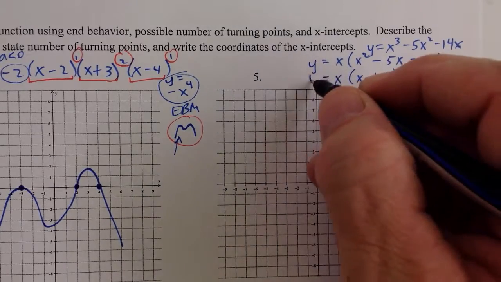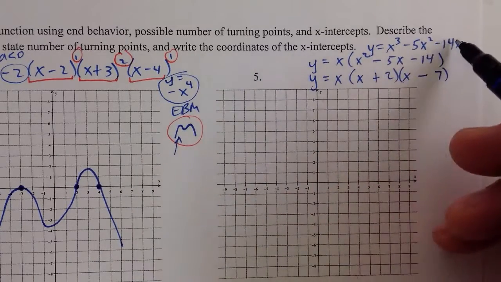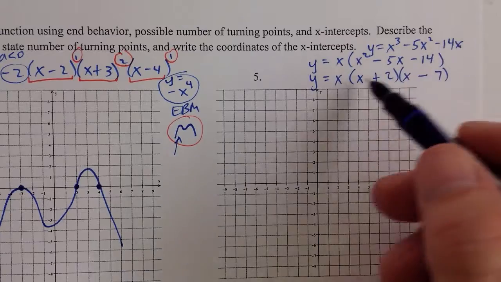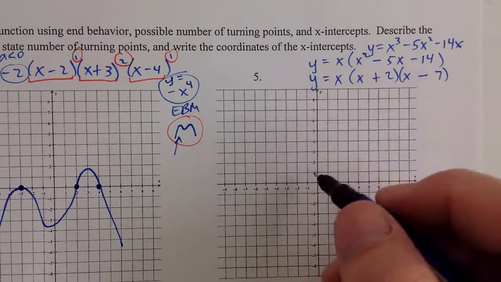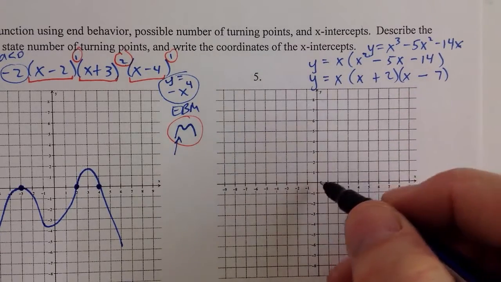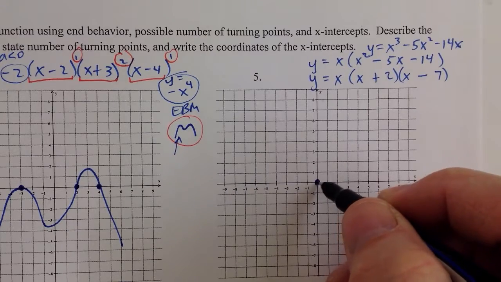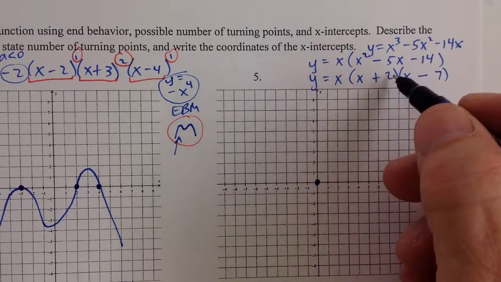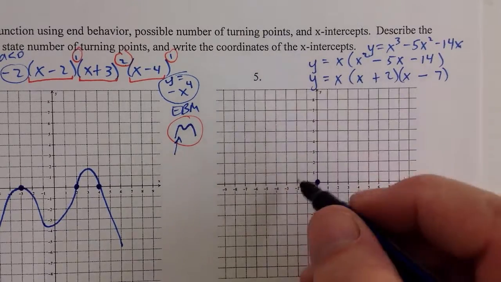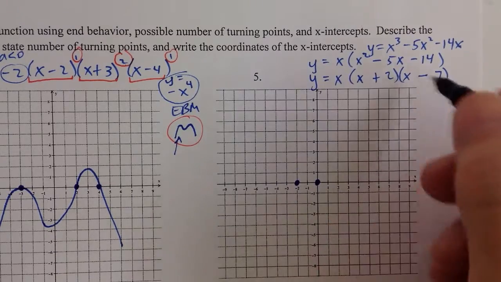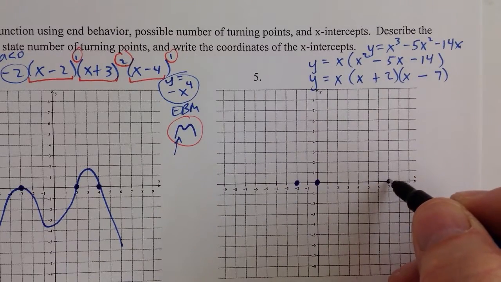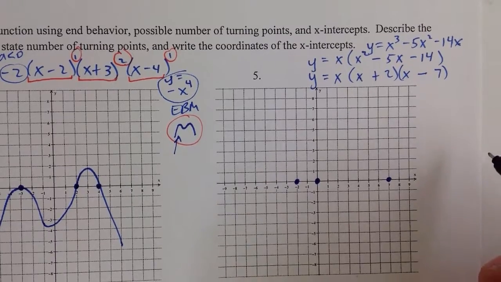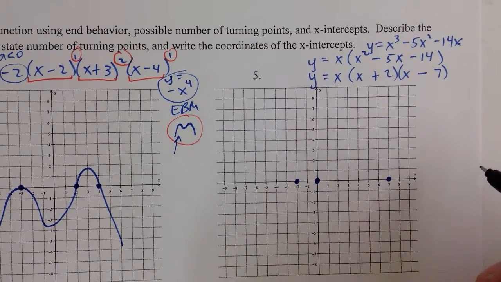And so all we did was rewrite the polynomial function in its factored form, which leaves x as a factor. x equaling 0 gives us one x-intercept of 0. x plus 2 equals 0 means that x has to be negative 2. And x minus 7 equals 0 means that x has to be equal to 7 as an x-intercept.